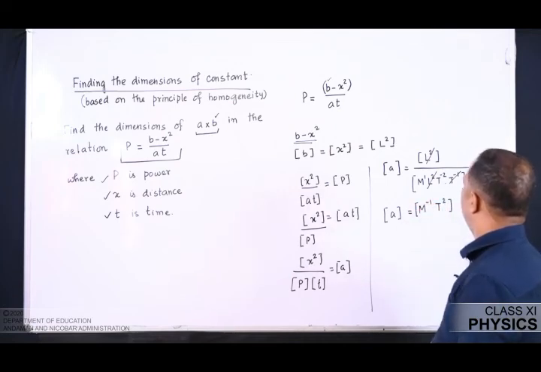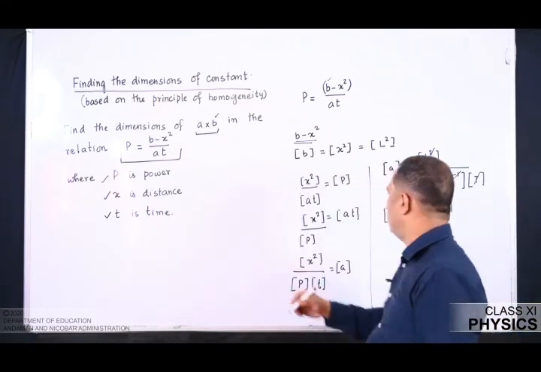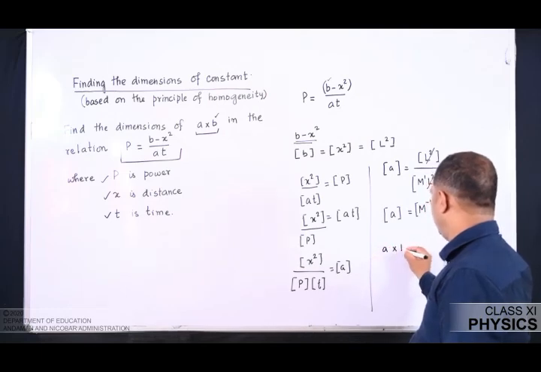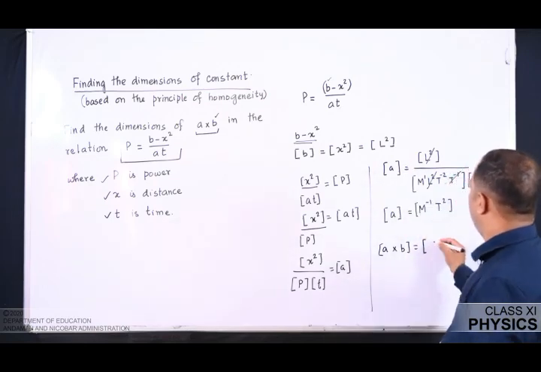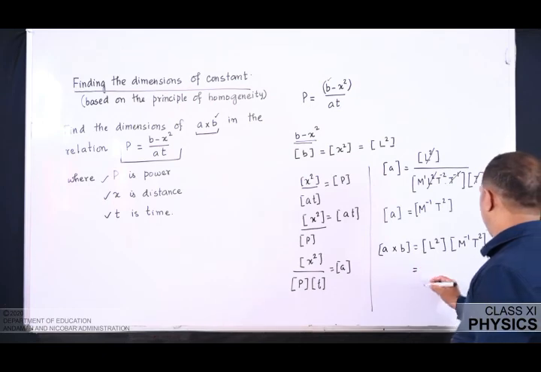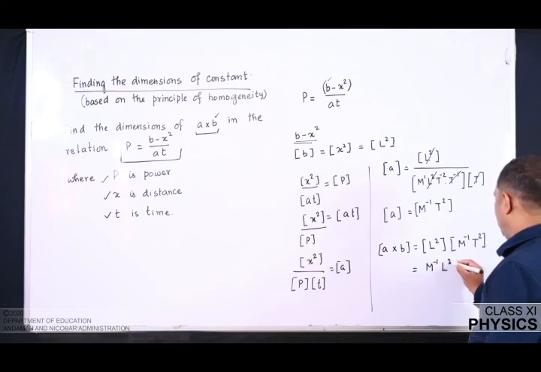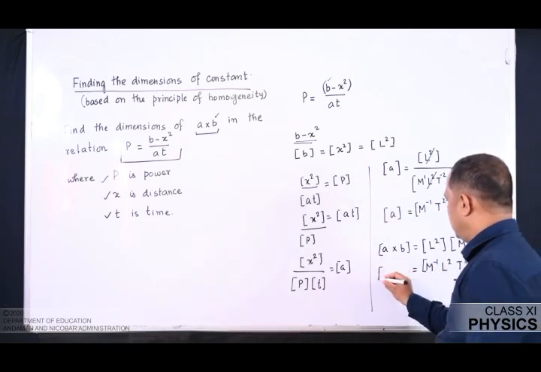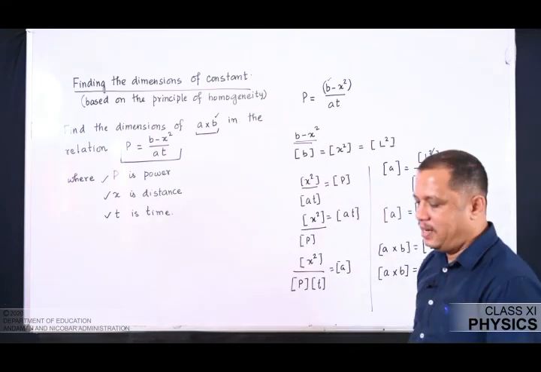So, this is the dimension of A. Now, I am asked to find the dimension of A times B. So, the dimension of A times B is L power 2 times m power minus 1 T power 2, or else I will have minus 1 dimension in mass, 2 dimensions in length and 2 dimensions in time. So, this is the dimension of the product of the constants A and B.